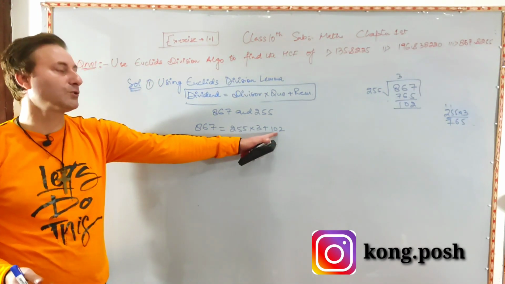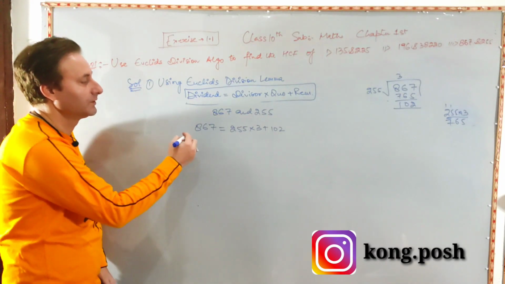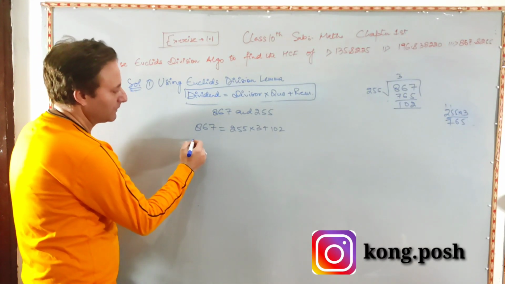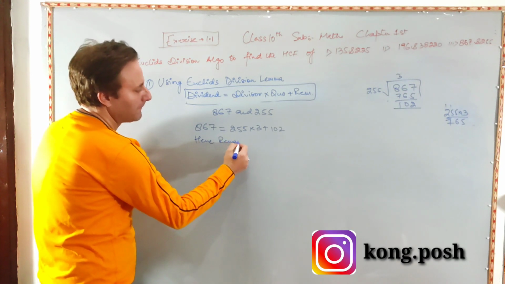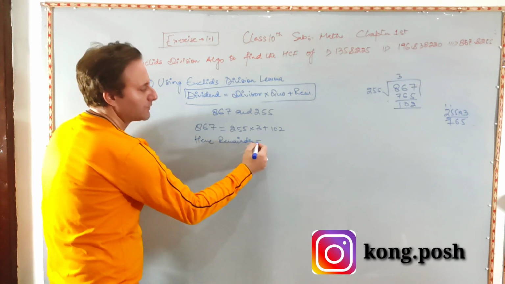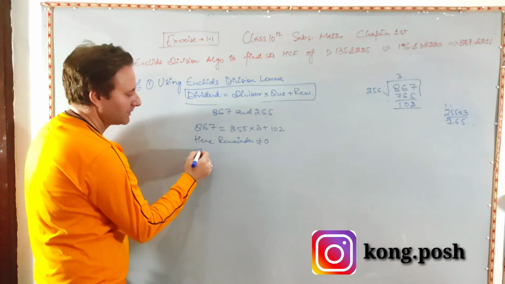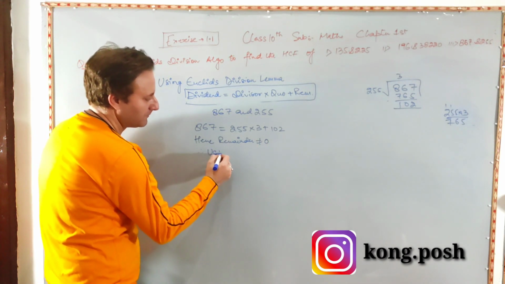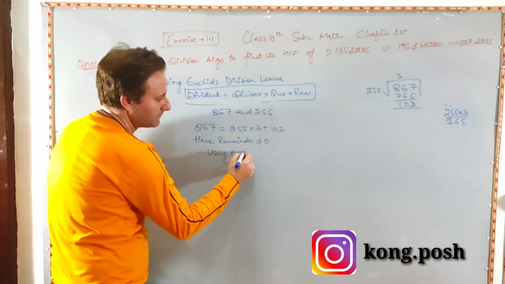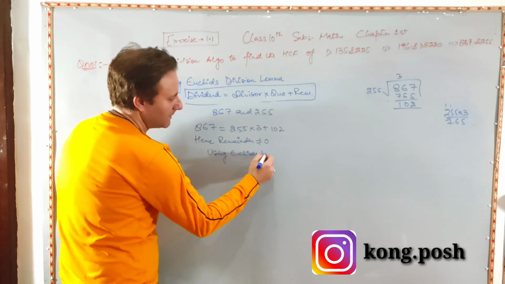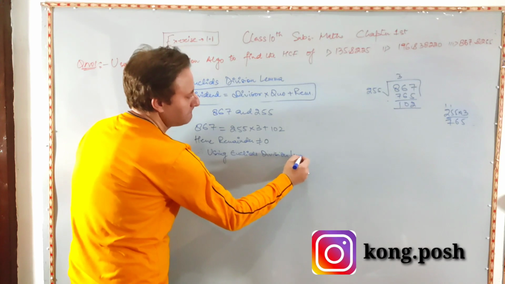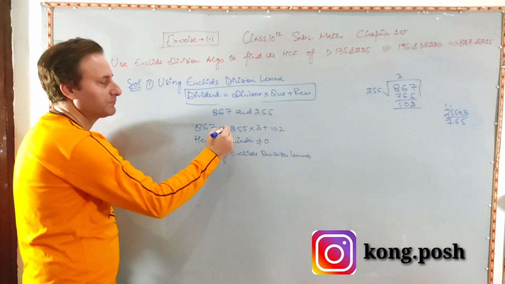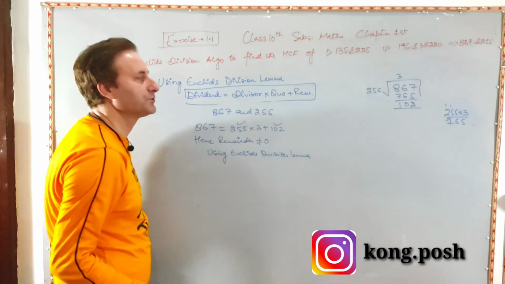You know there is no 0 here, so we need to go further. So here we can write here remainder is not equal to 0. Therefore, using Euclid's division lemma, what do I have to pick? 255 and 102.